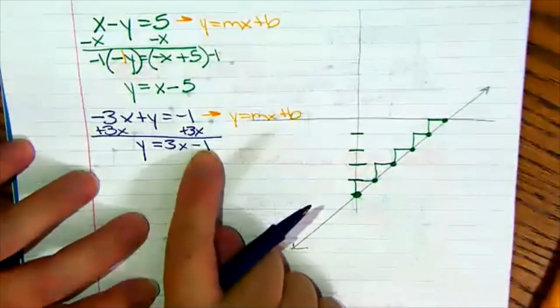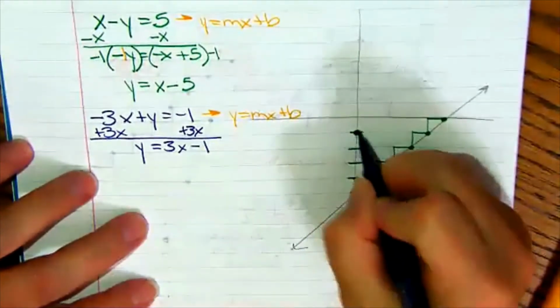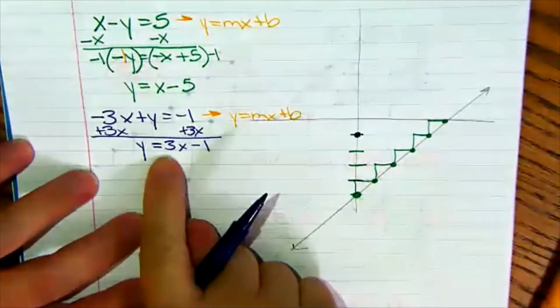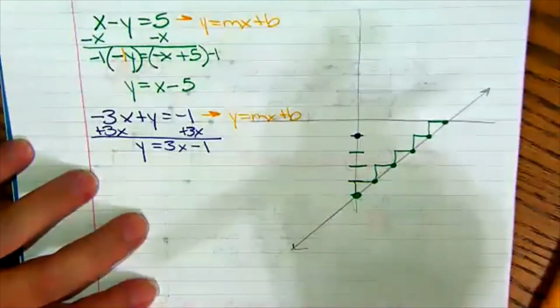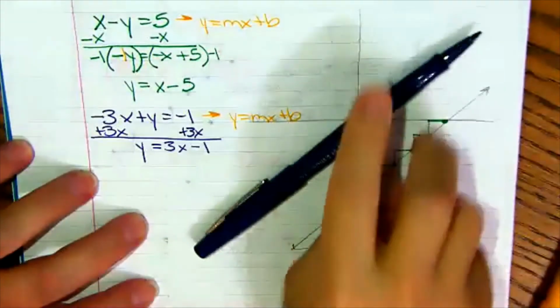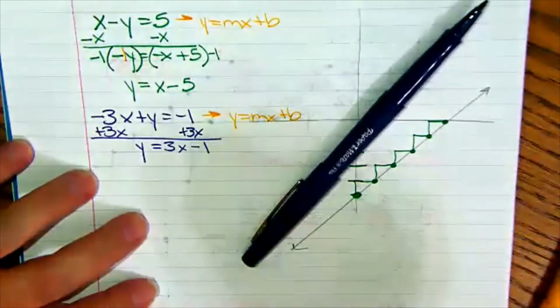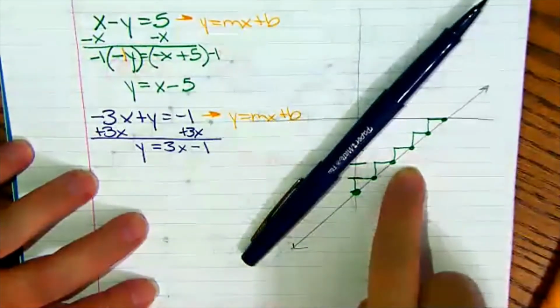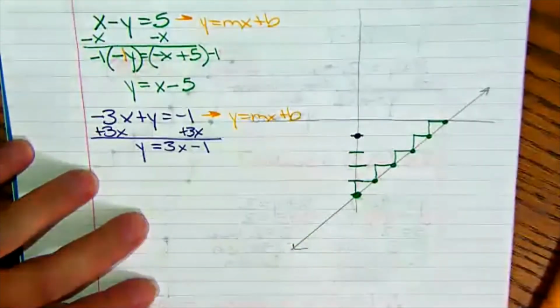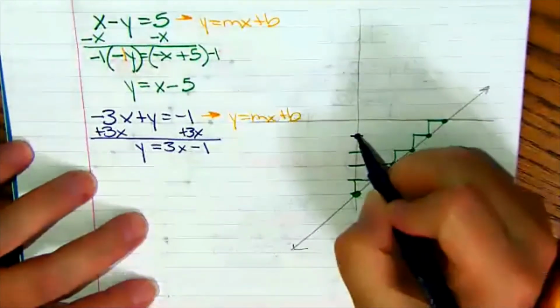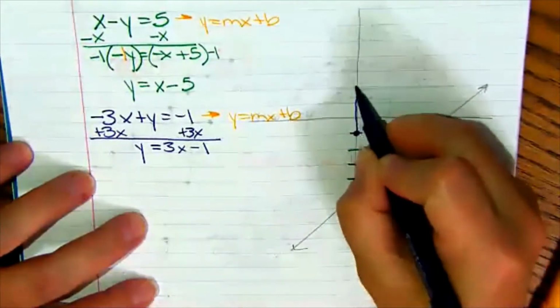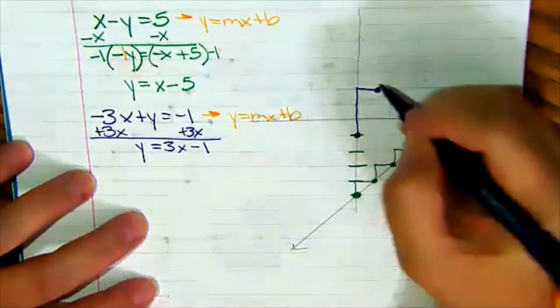So my y-intercept is negative 1. My slope is positive, which means it's going to go up, okay? And it's positive 3 over 1. So up 3 over 1.